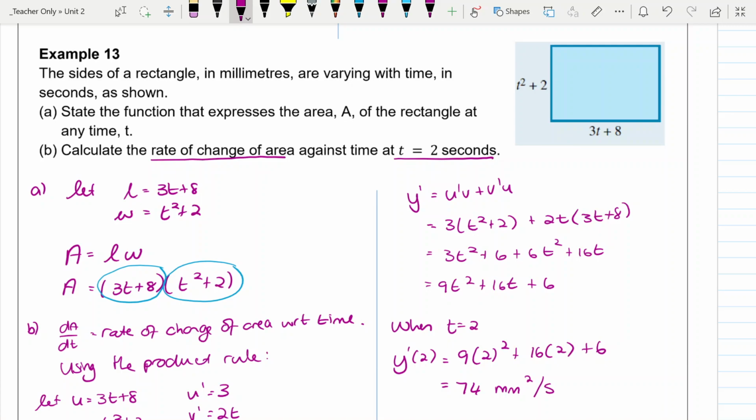So then again we have to interpret it. So the area is increasing, it's a positive, at a rate of 74 millimeters squared per second when t equals 2 seconds.